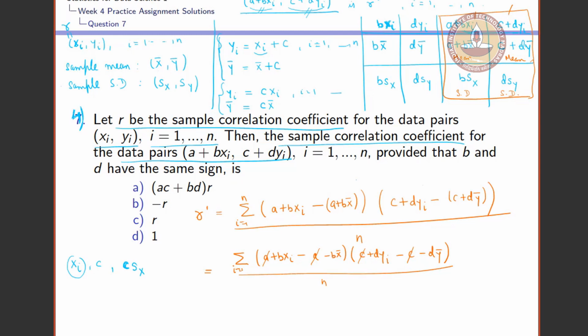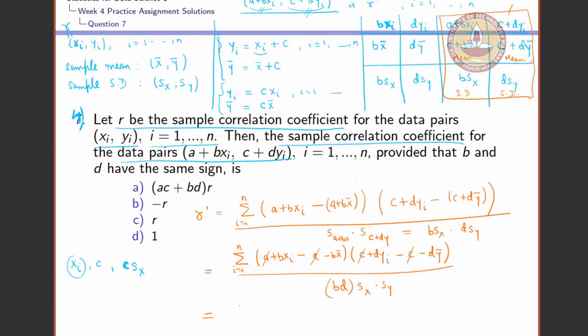Sorry, it is not n, it is s of a plus bx and s of c plus dy. That was nothing but b of sx into d of sy. This is bd sx into sy.